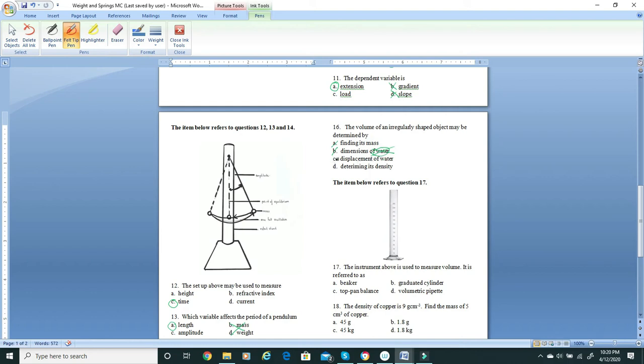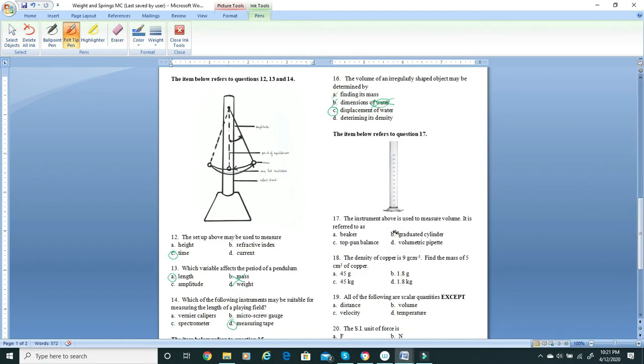Determine its density, no. So displacement of water means that you have a known volume of water in a measuring cylinder, something that's graduated like this down here, and then you put the irregular shaped object inside of the water once it can fit in the hole, and you measure the final volume, subtract the initial volume from the final volume, and voila, you have the volume.